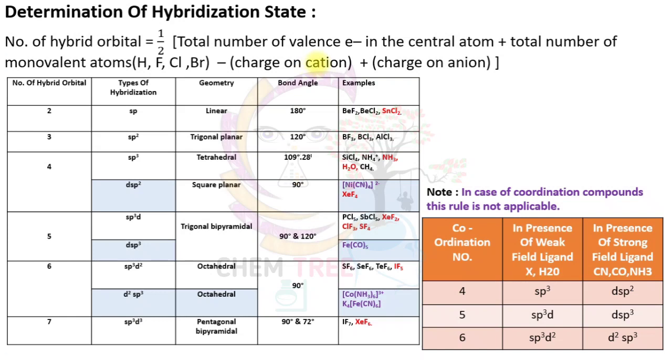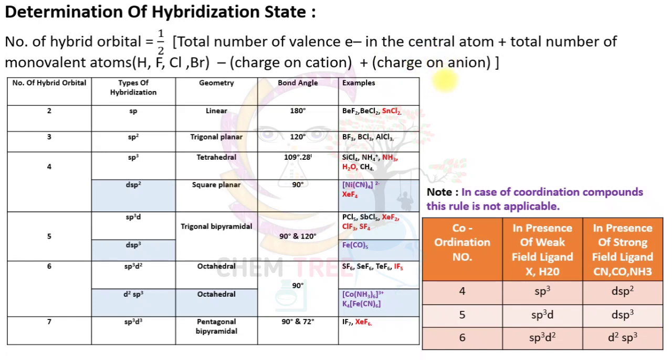If the species contains a positive charge, we apply the negative sign, and plus the charge on the anion. If the species contains a negative charge, we apply the positive sign.